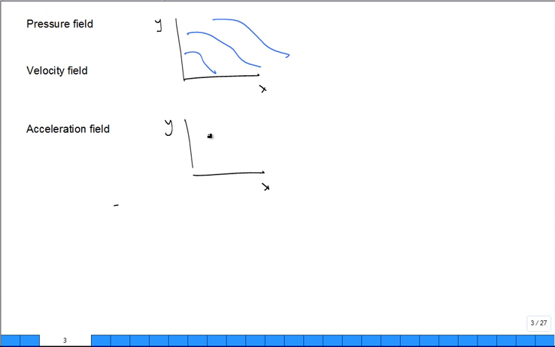At every point, you can have your vector representation of what the fluid at that instant in time is doing at that point. What is its speed? What's its direction of motion? And likewise, the acceleration at y and x. So these you plot by contours, and here it's vector fields, vector plots.